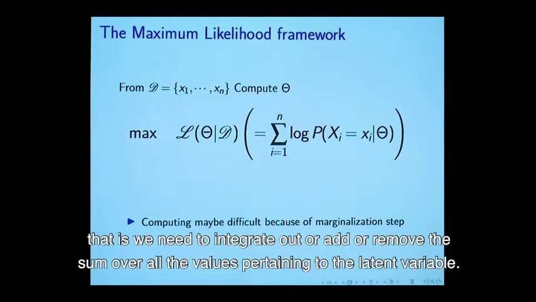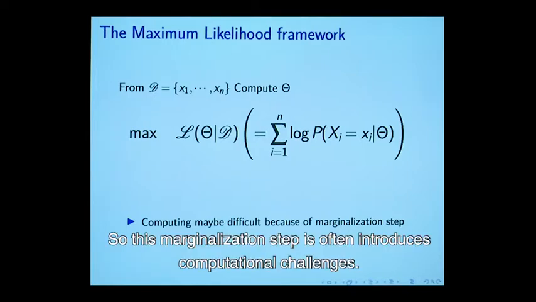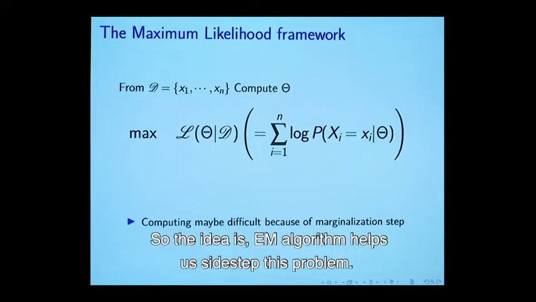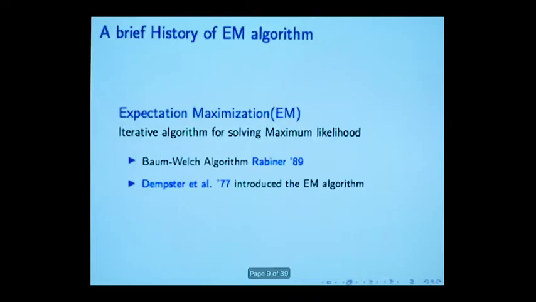That is, we need to integrate out, or sum over, all the values pertaining to the latent variable. This marginalization step often introduces computational challenges. So the EM algorithm helps us sidestep this problem.